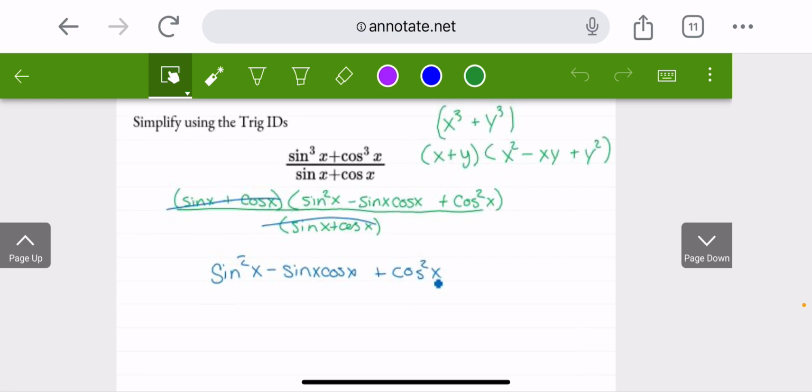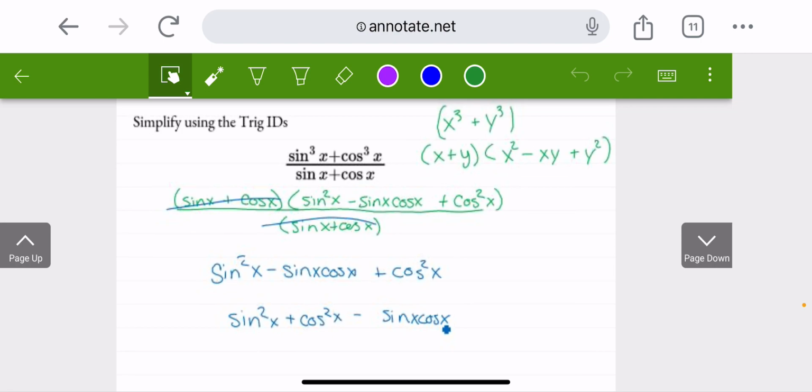Well, I know sine squared and cosine squared I have a thing for, so let's put them next to each other. I'm just rearranging, so no signs are going to change. Sine squared x plus cosine squared x minus sine x cosine x. Sine squared x plus cosine squared x, that's just this dude.